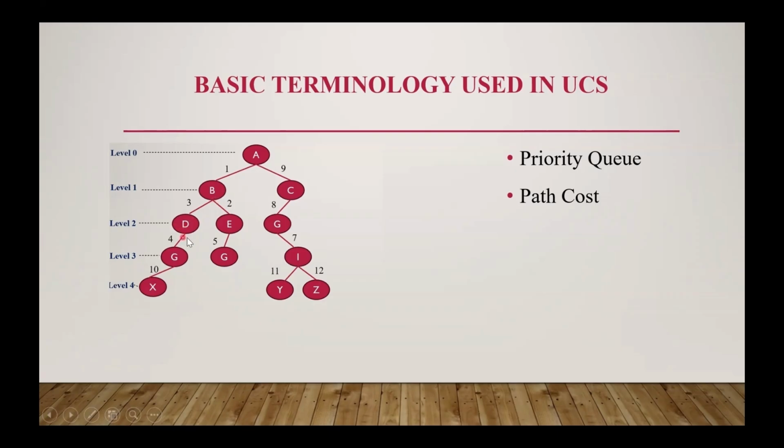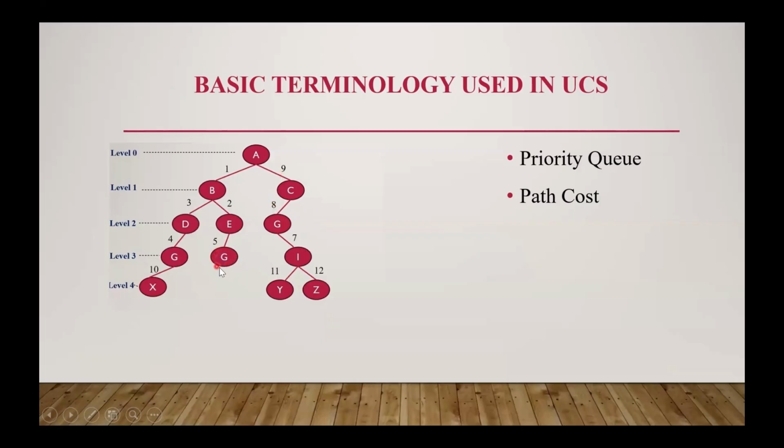For example, I want to calculate the path cost of G. It is the total, or cumulative, cost from the root node, which is A. If I traverse this way, the path cost for G is 9 plus 8.